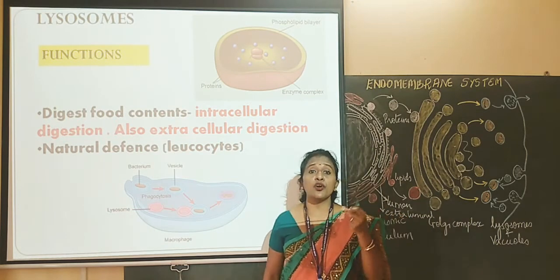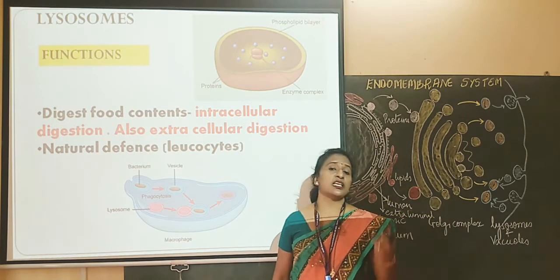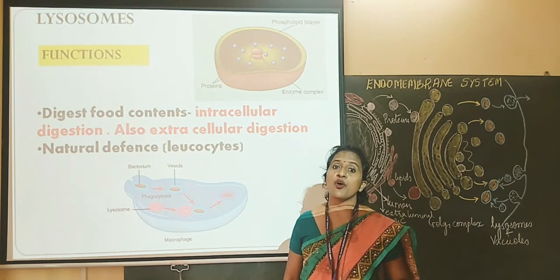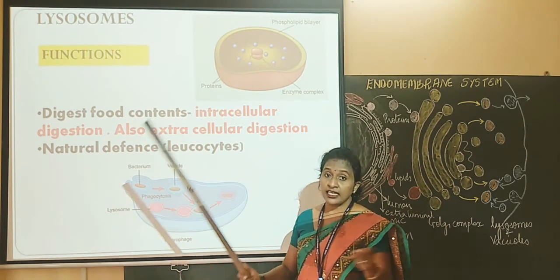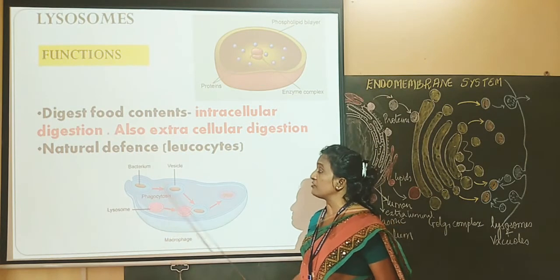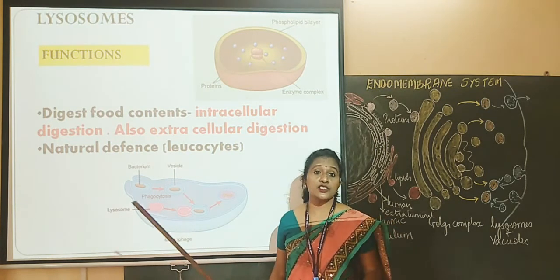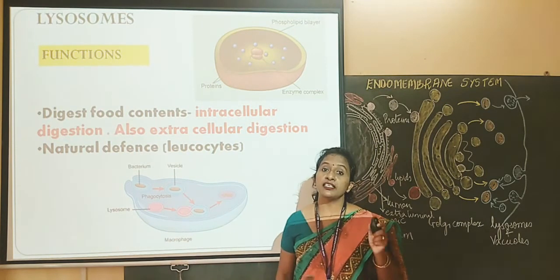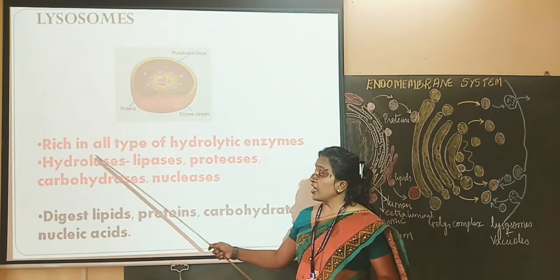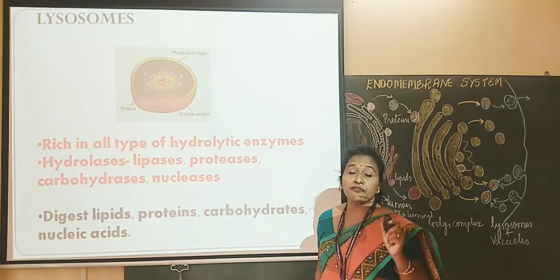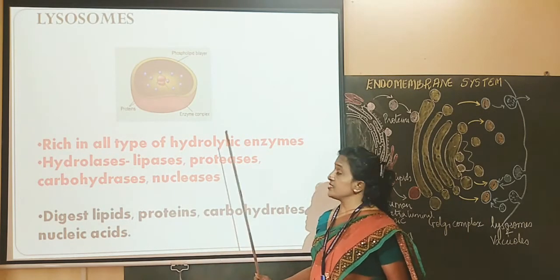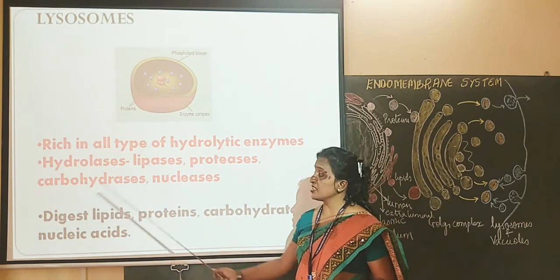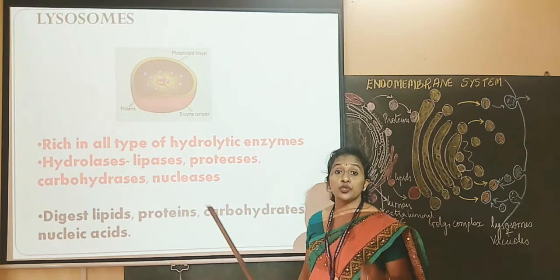So any foreign body, bacteria or virus which enters our body will be taken in through phagocytosis. That is, a phagosome will be formed and that will combine with the lysosome and the digestion will take place. They are rich in all types of enzymes, say phosphatase, lipase, proteases, carbohydrases or nucleases.